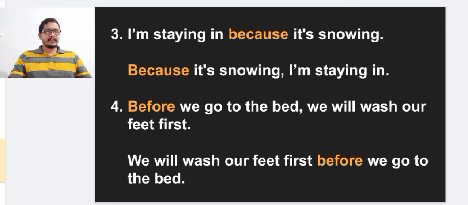We will wash our feet first before we go to the bed. So here "we will wash our feet first" is the independent clause, so no comma. So remember, if we use the dependent clause first, use a comma after it, and if we use the independent clause first, there is no comma. This is an important rule. Don't forget it when we use conjunctions.